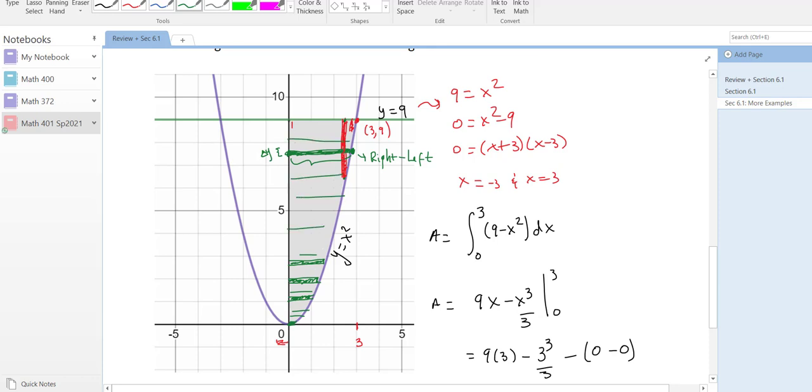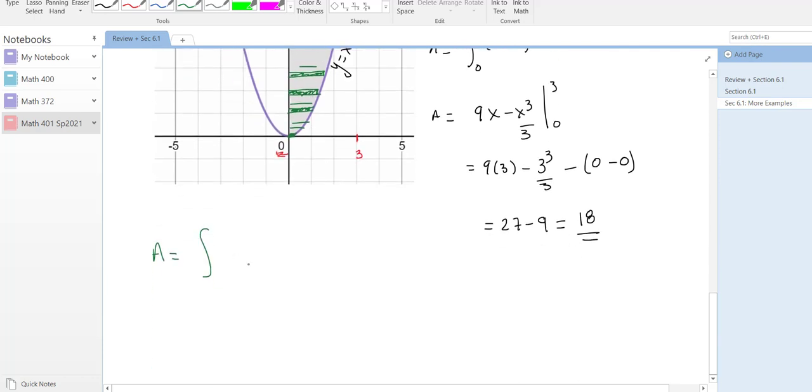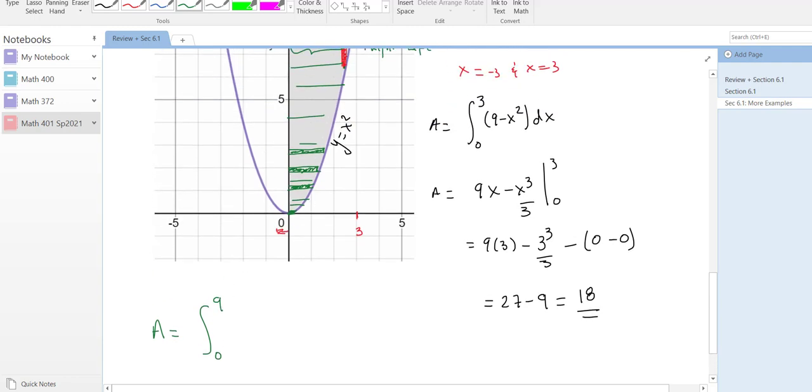We're going to stop when y equals 9. So our integral is going to go from 0 to 9 of the area of that little rectangle. And so the area is length times width. So the length is the right function minus the left function, and dy is the width.